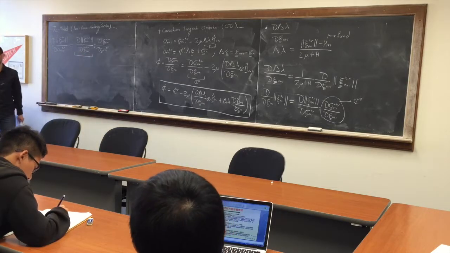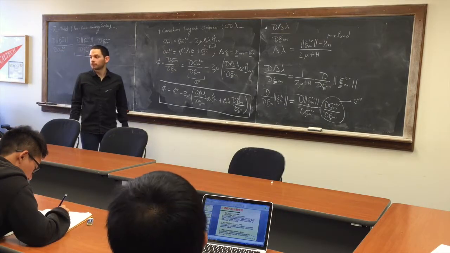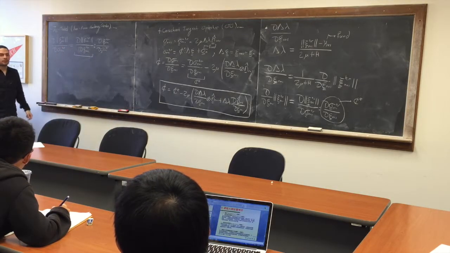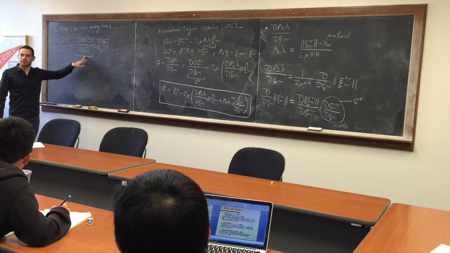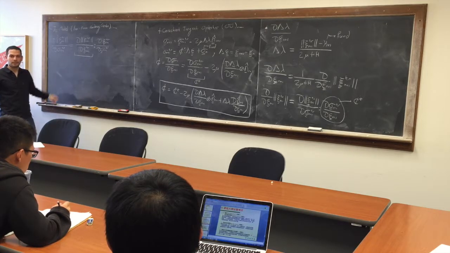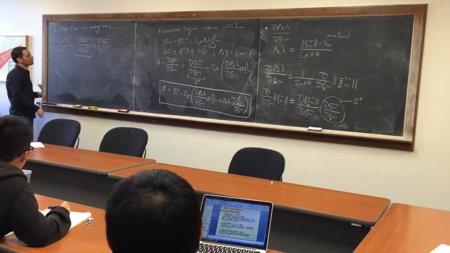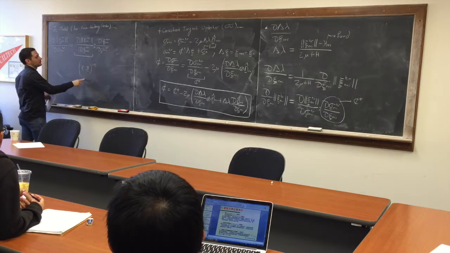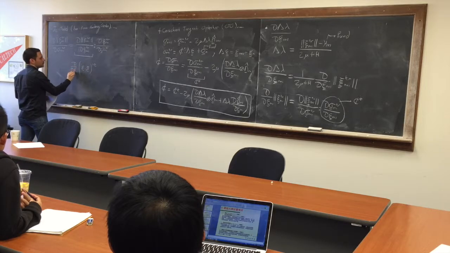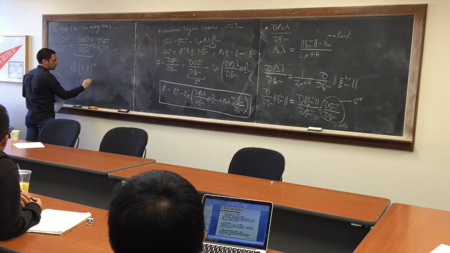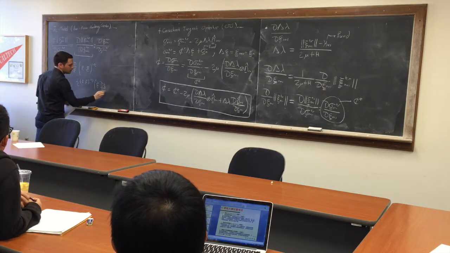What is this? This derivative here is the norm of something with respect to that something. In this case, right, twice.